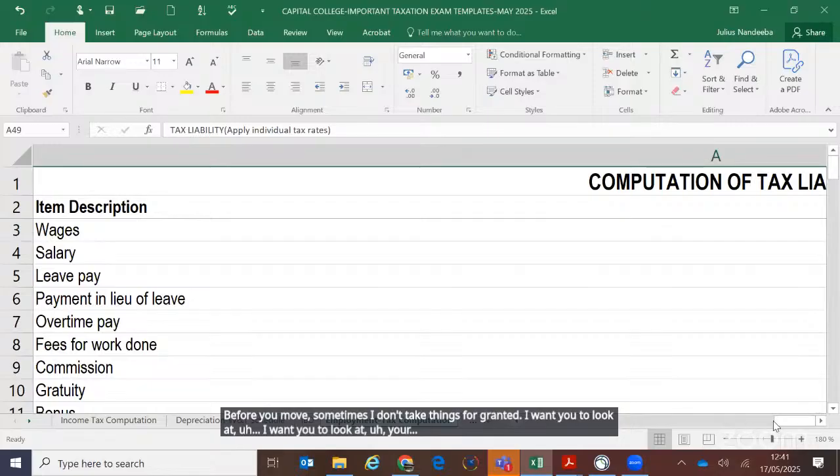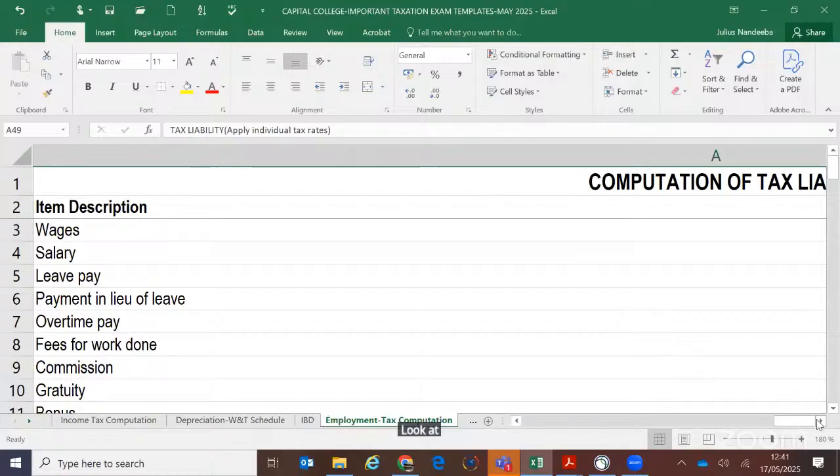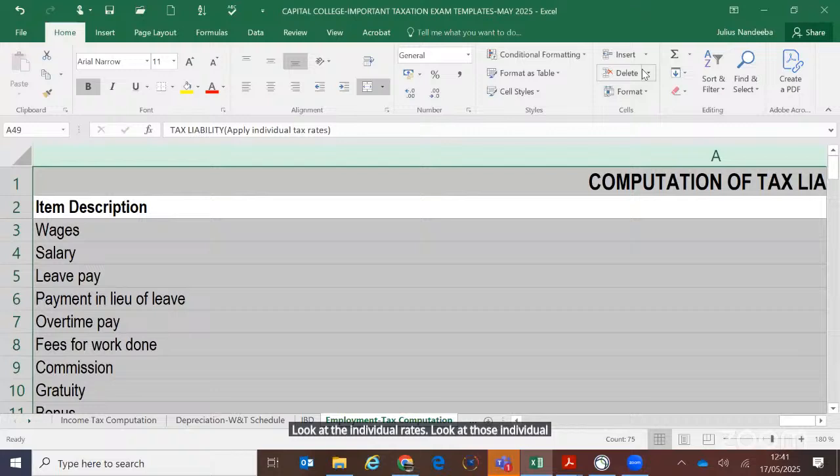your employee, rather the individual rates. Look at the individual rates.